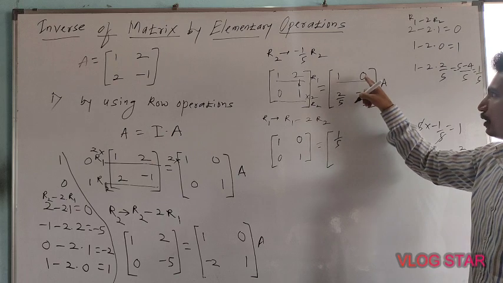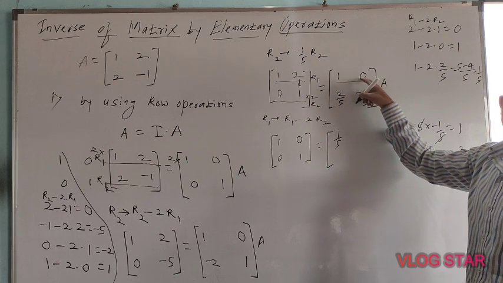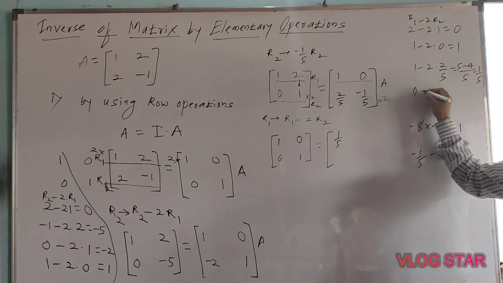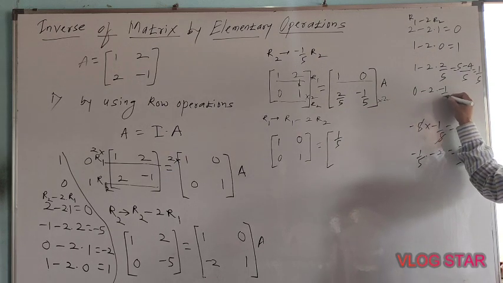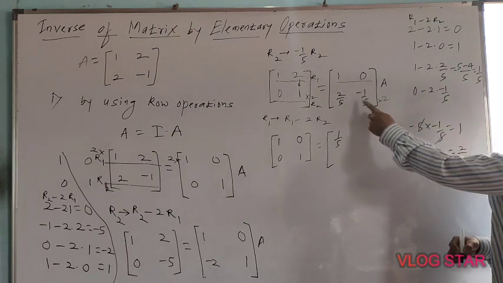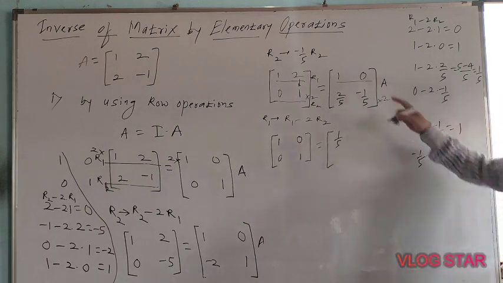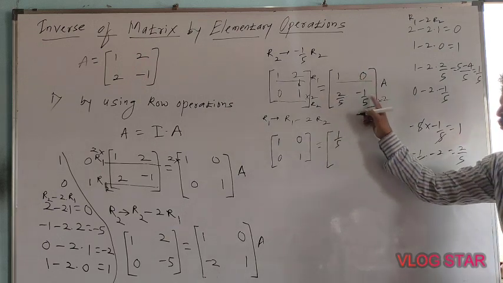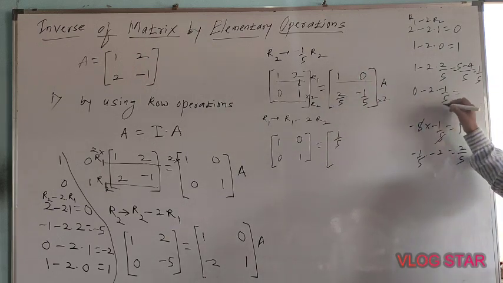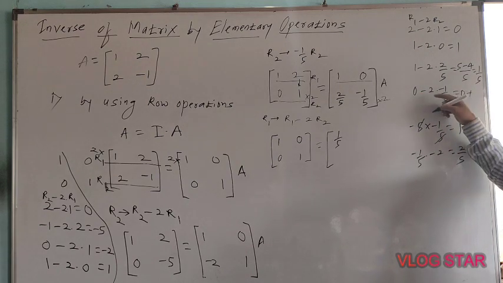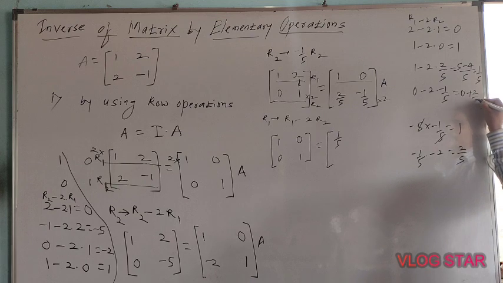Same operation for this also. In R1 0 also there, no? 0 minus 2 into minus 1 by 5. Clear? See, 0 minus 2 into minus 1 by 5, operation R1 minus 2 into R2. So 0 minus of minus is plus, 2 into 1 is 2 by 5.